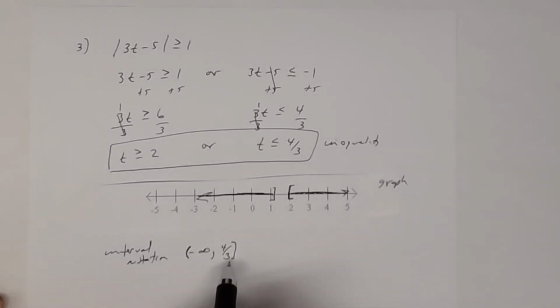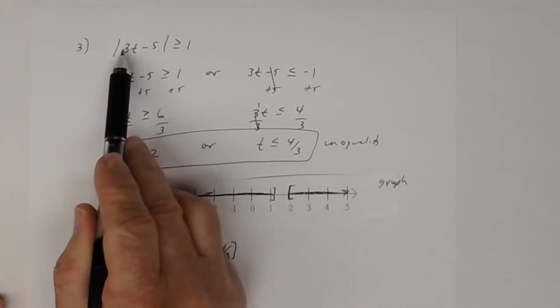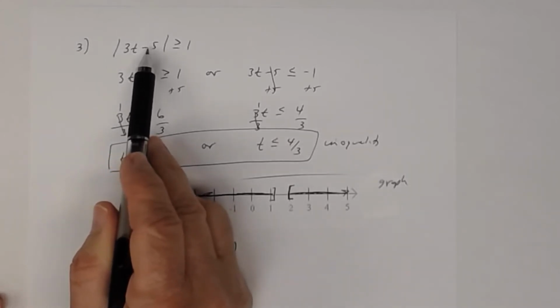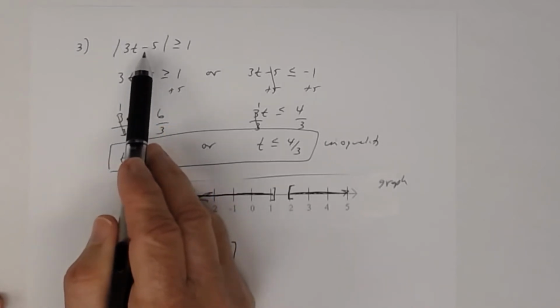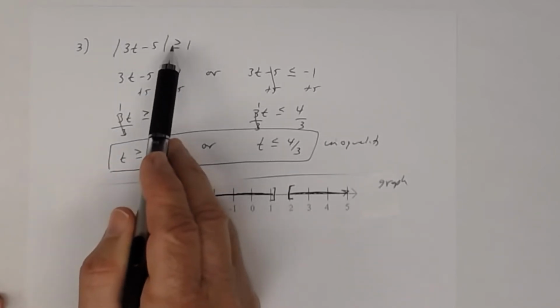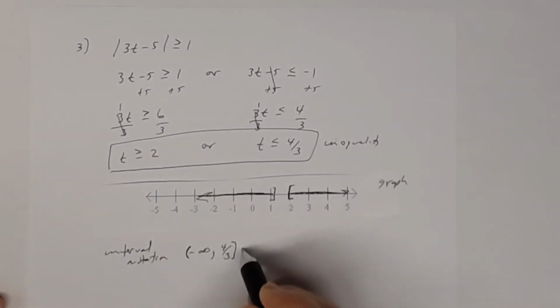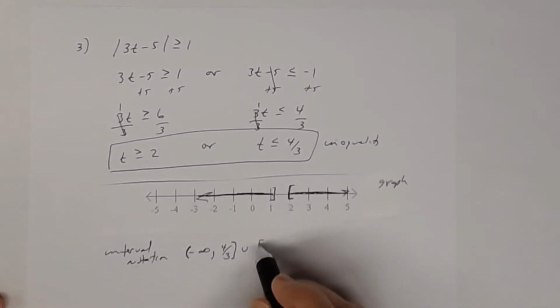And make sure you understand why from a previous lesson. So think about that. 3 times 4/3 is 4. 4 minus 5 is negative 1. The absolute value of negative 1 is positive 1, and 1 is greater than or equal to 1 because it's equal to 1. Union. And then on this one, that will be 2 to infinity.